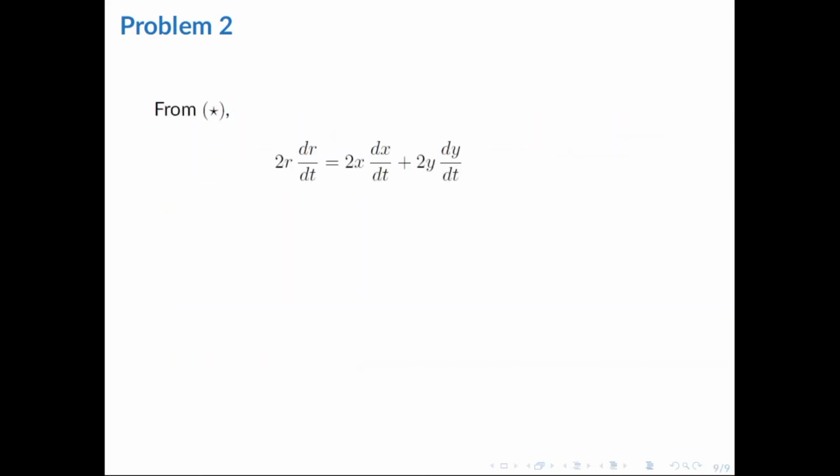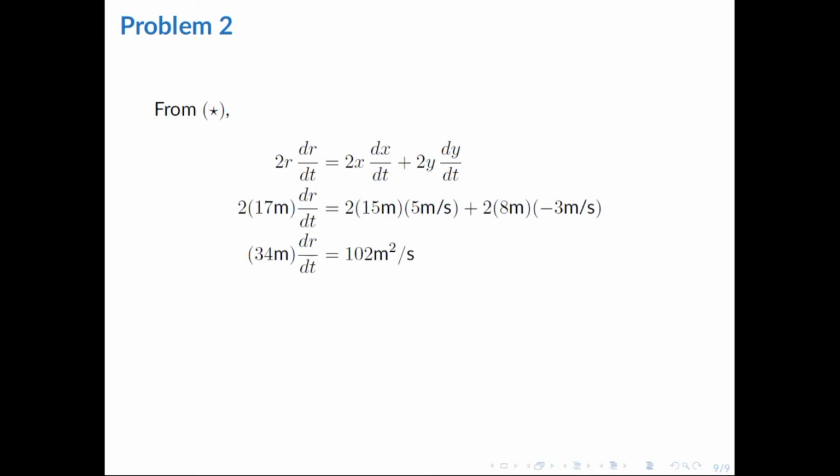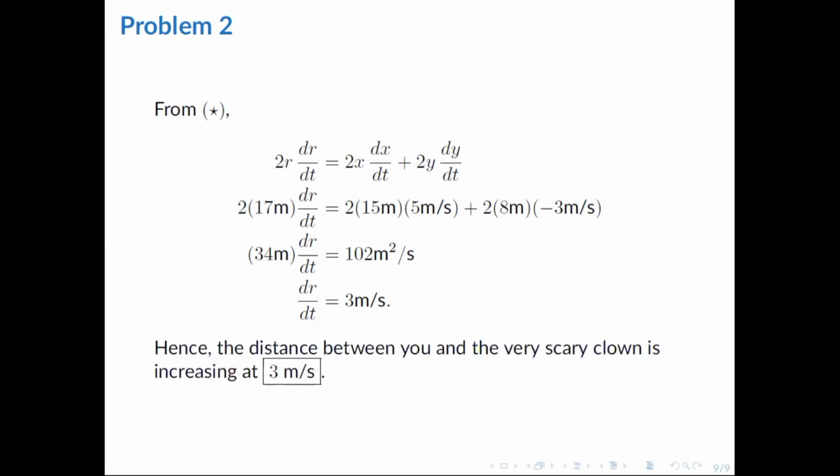Putting everything together and solving, eventually we will get our answer: dr over dt is equal to 3 meters per second. Hence, the distance between you and the very scary clown is increasing at 3 meters per second.